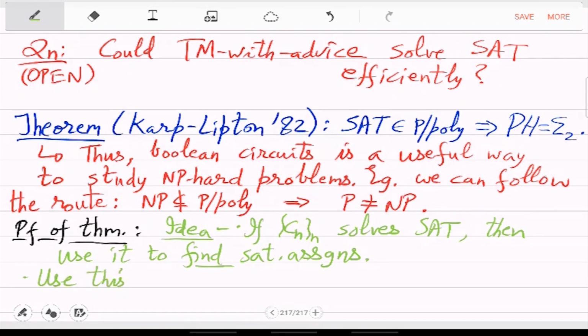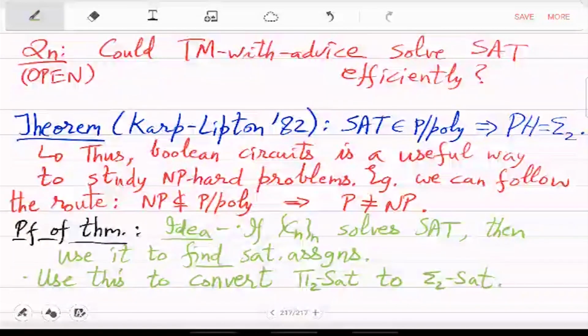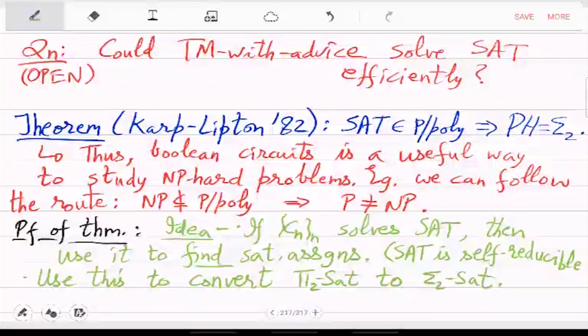So use this to convert pi2 SAT to sigma 2 SAT, hence showing pi2 and sigma 2 equal. Okay, so this first thing is called self-reducibility. We can use the self-reducibility of SAT: you can set x1 to 0 or 1 and ask SAT itself which one is true.